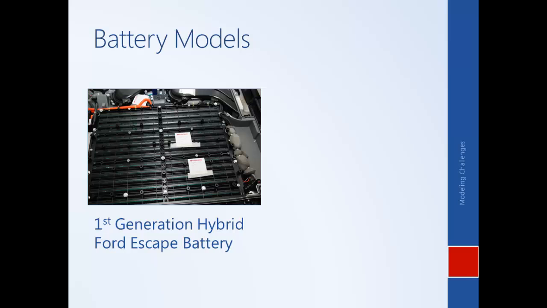So it's quite large. Another example is the first generation Ford Fusion, where in that vehicle the battery basically takes up the space behind the rear seat. So it basically spans the width of the vehicle.